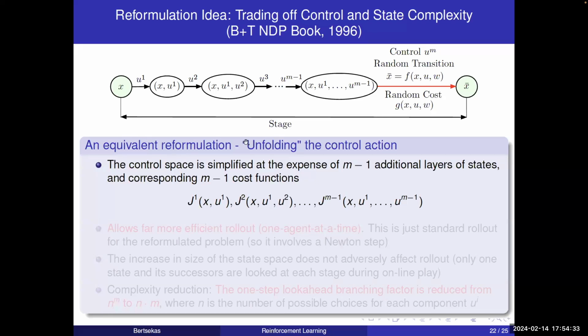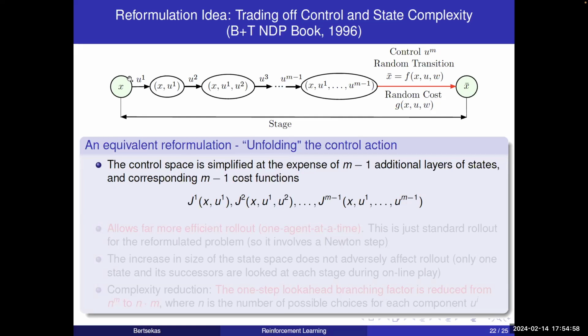We're going to unfold each control action in the following sense. The control space is simplified at the expense of m-1 additional layers to the states. So for each state, we're going to add m-1 additional states that follow this line structure, and each of these is going to have a cost associated with it.